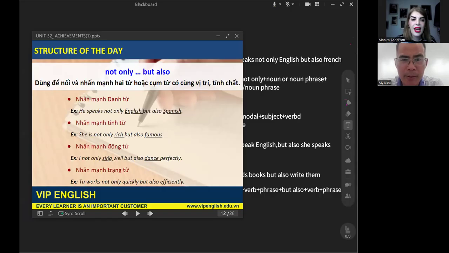Sing well, work quickly, verb, verb. "To work not only quickly but also efficiently." So here adverb, adverb. As you can see, both parts match. I can say verb, verb; adjective, adjective; noun, noun. This is all about "not only, but also."